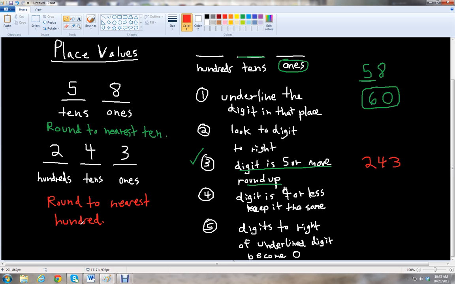And so we find the hundreds place, that's the 2, so we underline the 2. And then we look to the digit to the right of 2, that's going to be 4. And we notice that the digit being 4 or less, we're going to keep the 2 the same. And then the digits to the right of the 2 become 0. So the 4 and the 3 become 0. And it looks like our rounded number of 243 to the nearest 100 is 200.